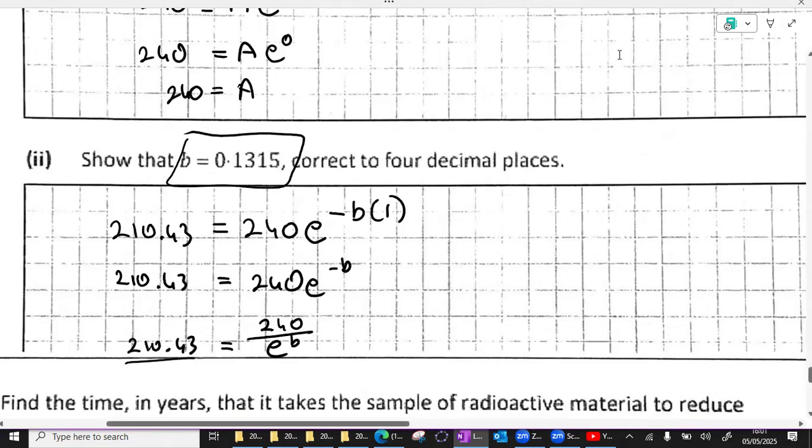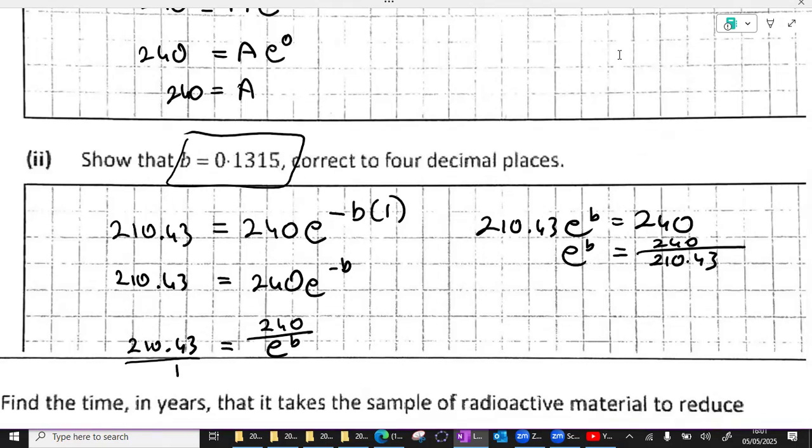Now, if I cross multiply, I get 210.43 e to the b is equal to 240. And then to get e to the power of b on its own, I'm going to do 240 divided by 210.43. I'm just putting this into the calculator.